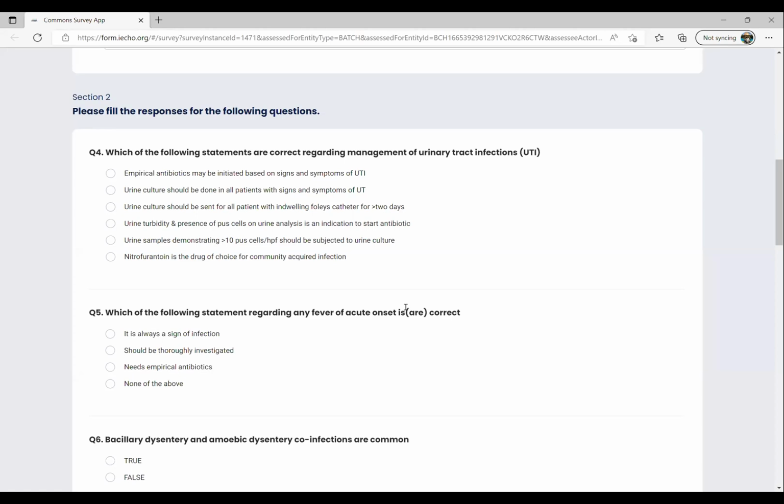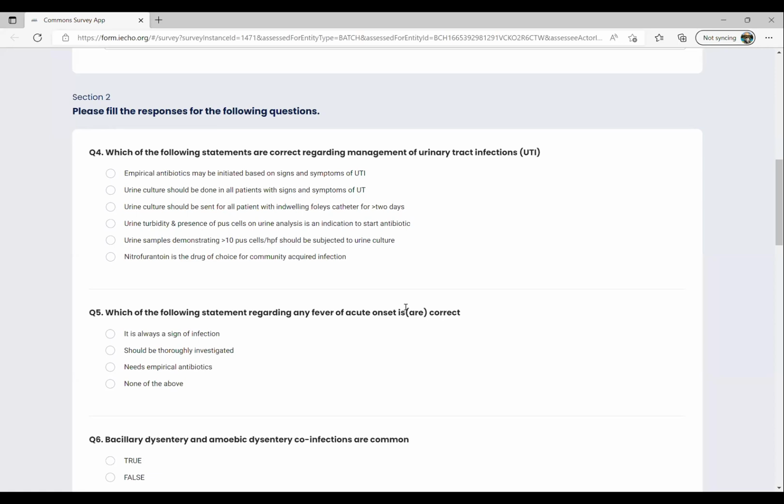You have to look for a urine sample demonstrating more than 10 raised to the power of 5, and that is for these cells, pus cells only.